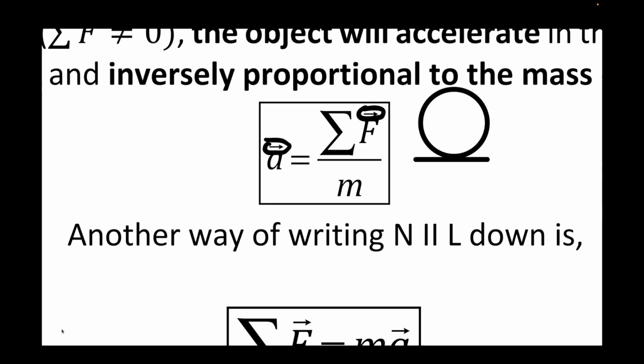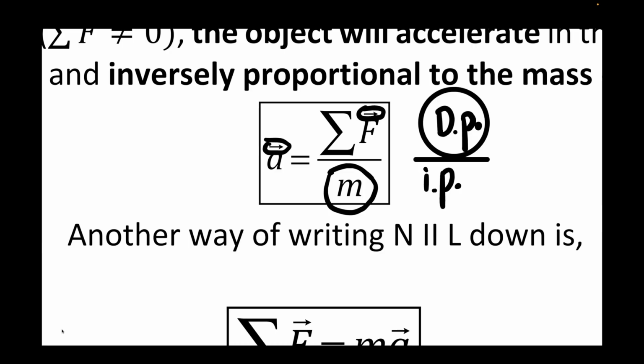The object accelerates in the direction of the net force. Acceleration of an object that has a non-zero net force exerted on it will be directly proportional to that net force, and the downstairs is inversely proportional. So directly proportional upstairs, inversely proportional downstairs.